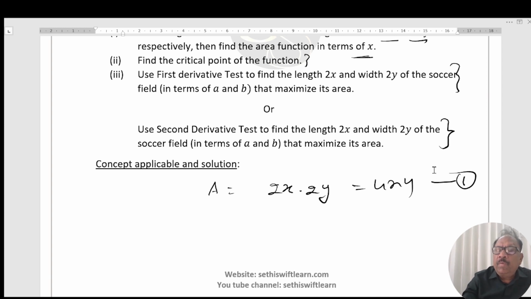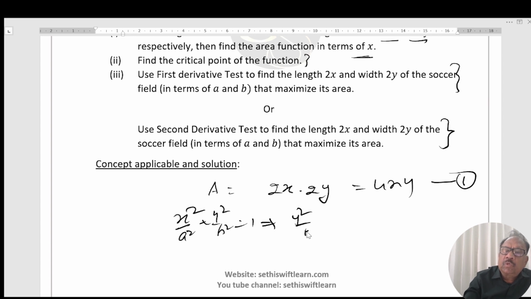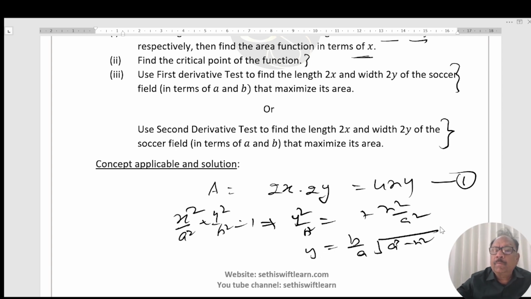But before maximizing, there should be one variable, so y is to be eliminated using the condition x square over a square plus y square over b square equal to 1. Eliminating y, y square over b square equal to 1 minus x square upon a square. So y comes out to be b by a under root a square minus x square, right?